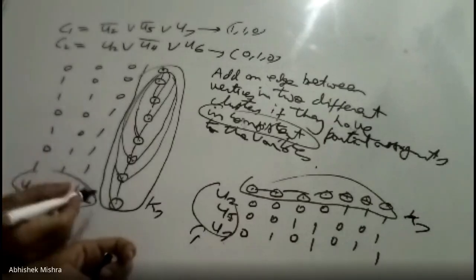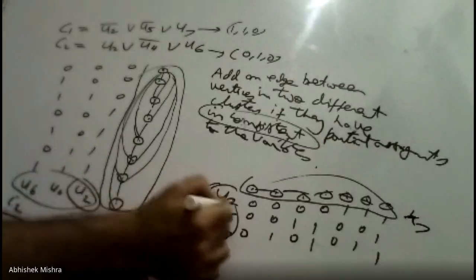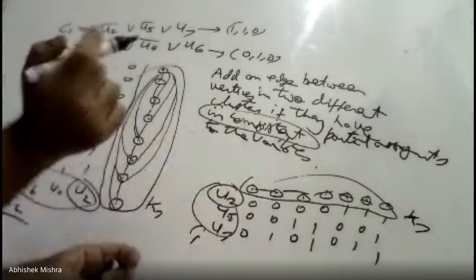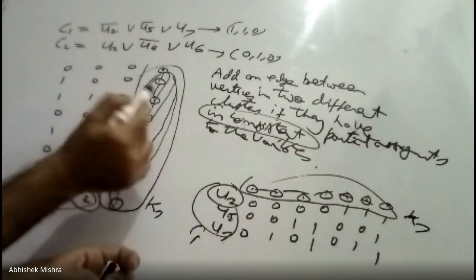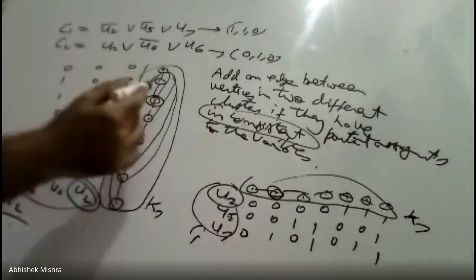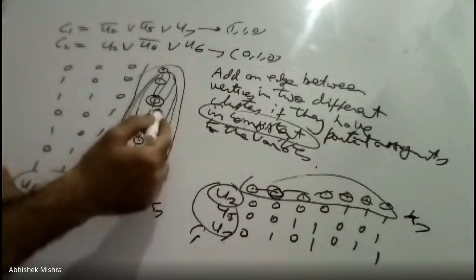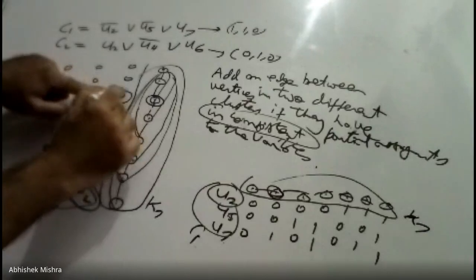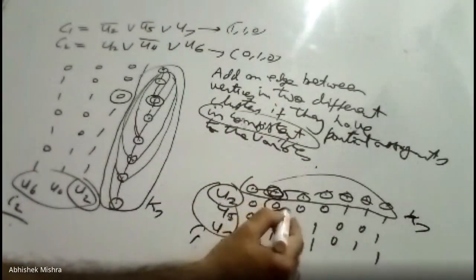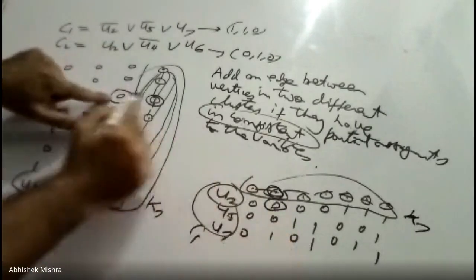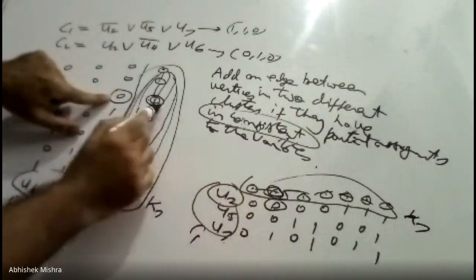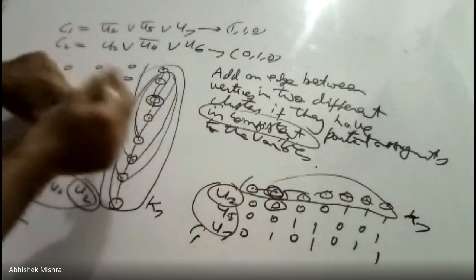If we take this vertex and this vertex, what value of u2 do we have? u2 has value 0 here, and value 0 in the other. Same means consistent, so we will not add an edge between the two.